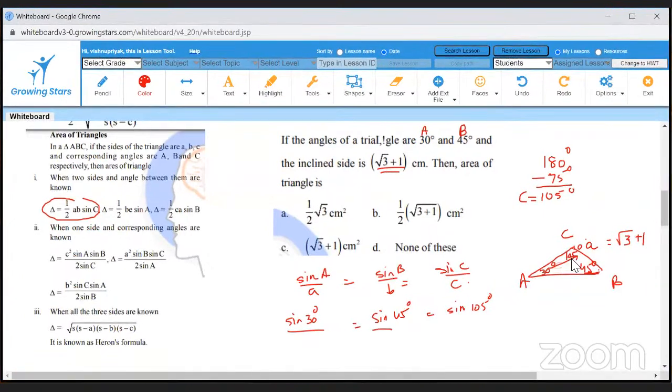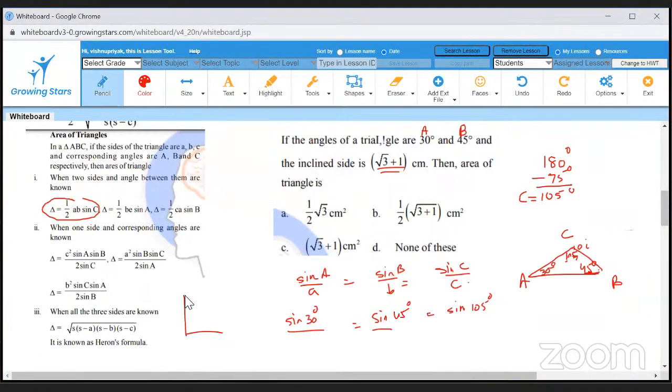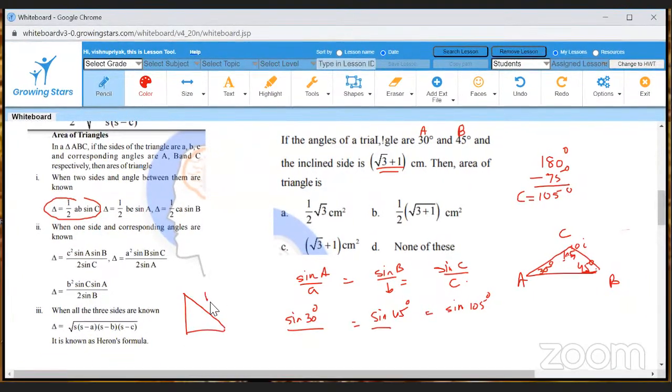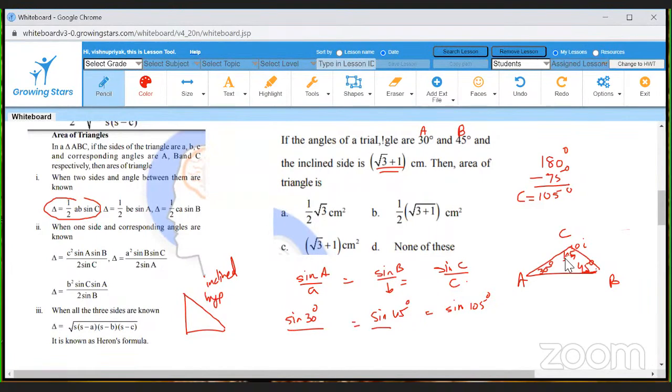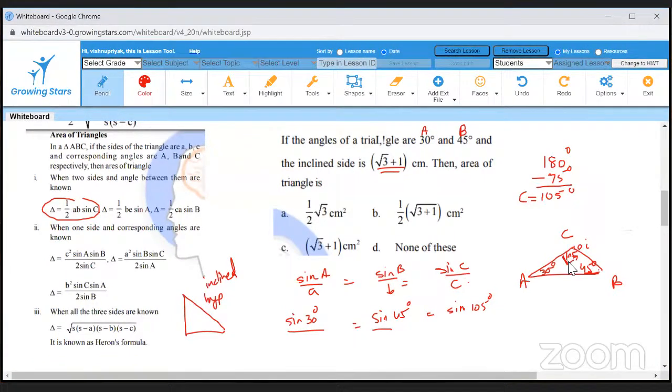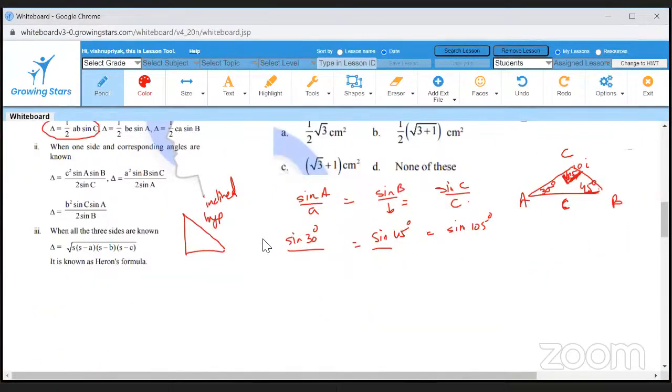What is the meaning of inclined side, first of all? Suppose if you have a right angle triangle, this hypotenuse is called as inclined side. Hypotenuse. So almost this is like 90 degrees angle. So almost the C will be the inclined line, hypotenuse. That we can confirm it now.